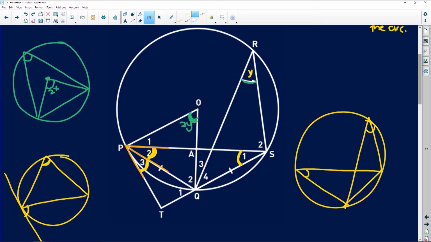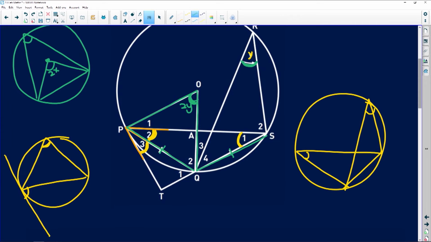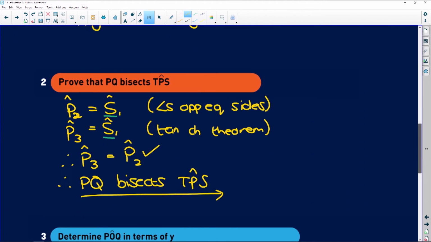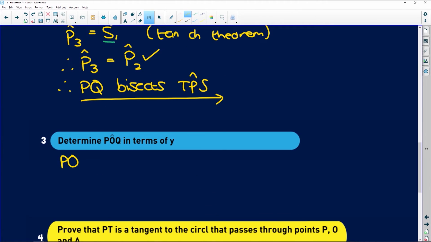But in this circle, we've got this chord here subtending this angle y, and then we've got another chord of absolutely equal length subtending this angle at the center. So here, you would first have to say that PQ and QS are equal chords.